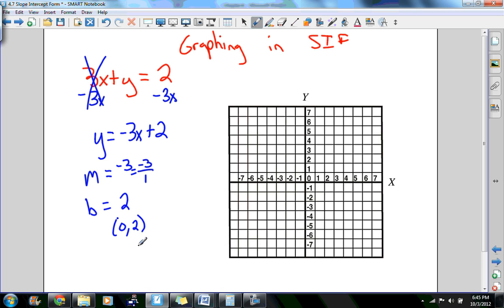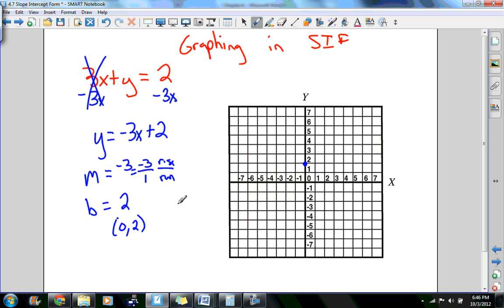Now, in order to graph it, I take the b value, the starting value, and I graph that first. So I go 0, and I go up 2, and there's my point. It's on the y-axis because it's the y-intercept value. And now I'm going to take the slope, and I know that this is rise over run.